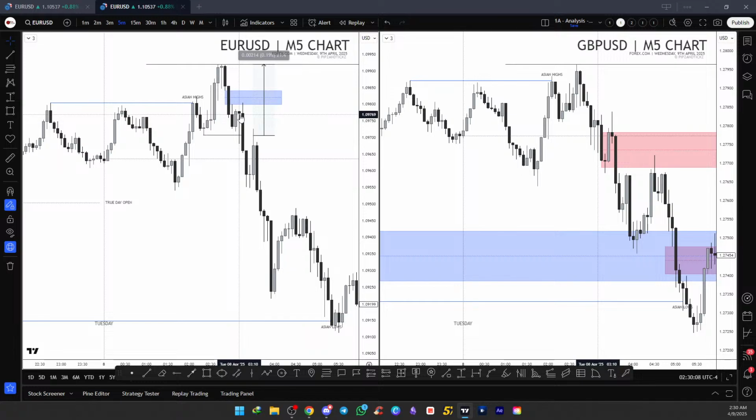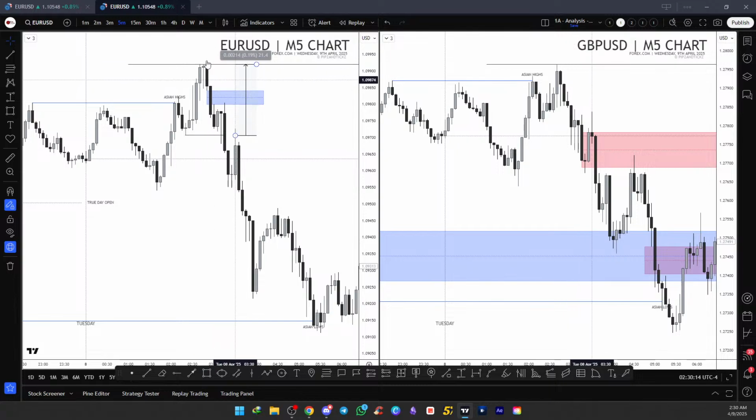I find it hard to trade a mitigation block, because generally we have a failure swing on top of it, and I see price taking out the failure swing at a later point of time. So I don't personally trade mitigation blocks, but if it works for you, you can trade it.